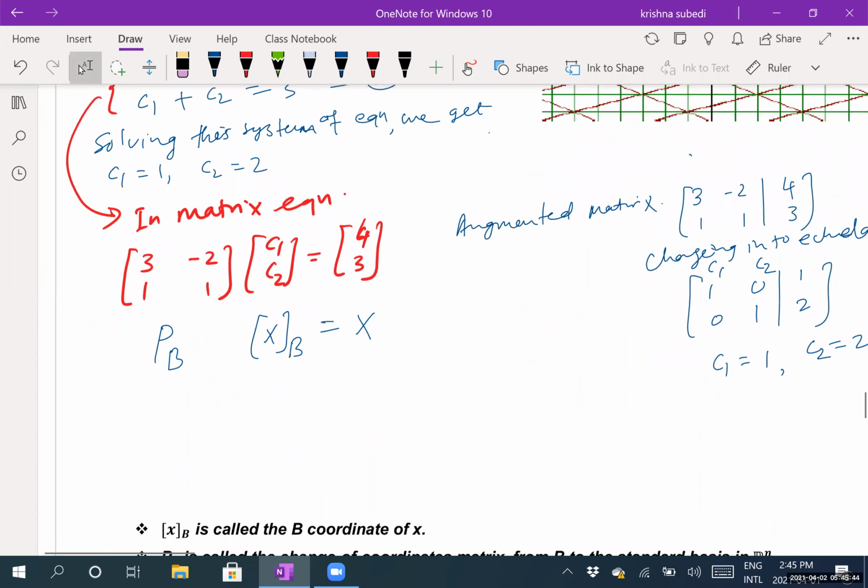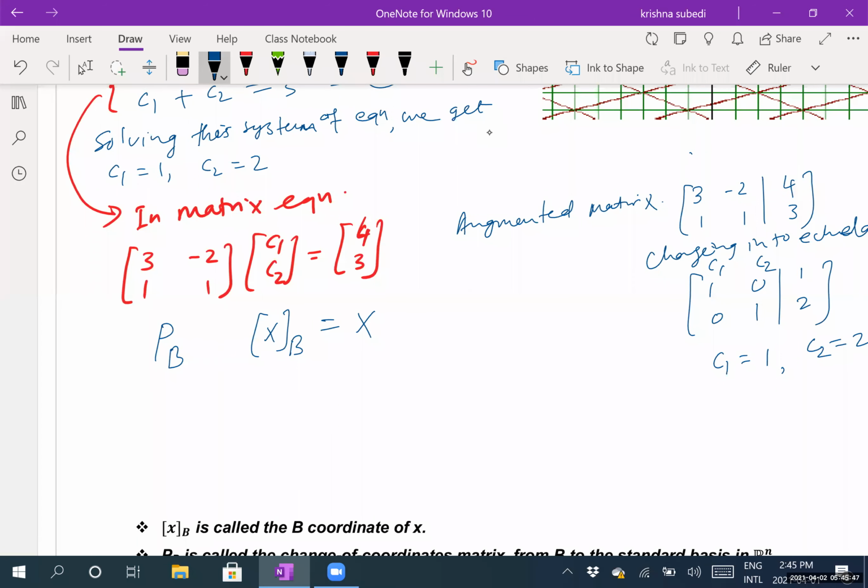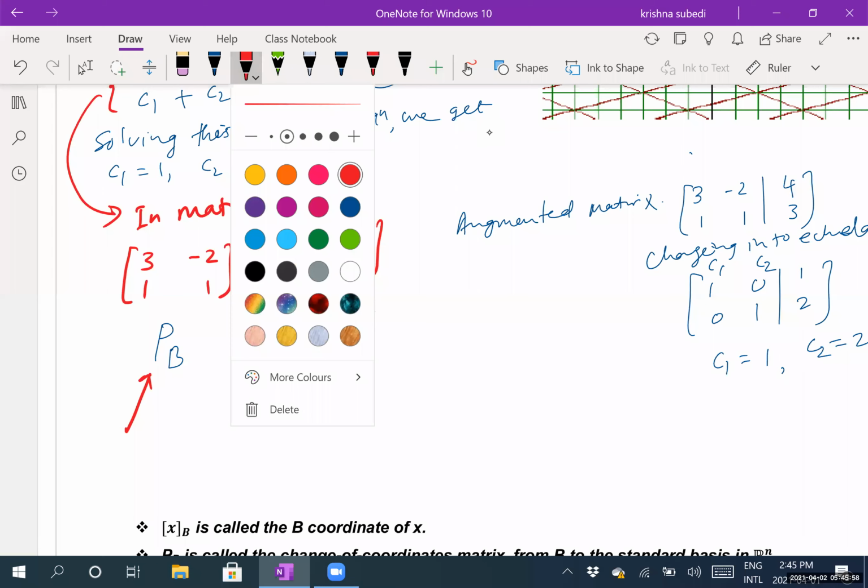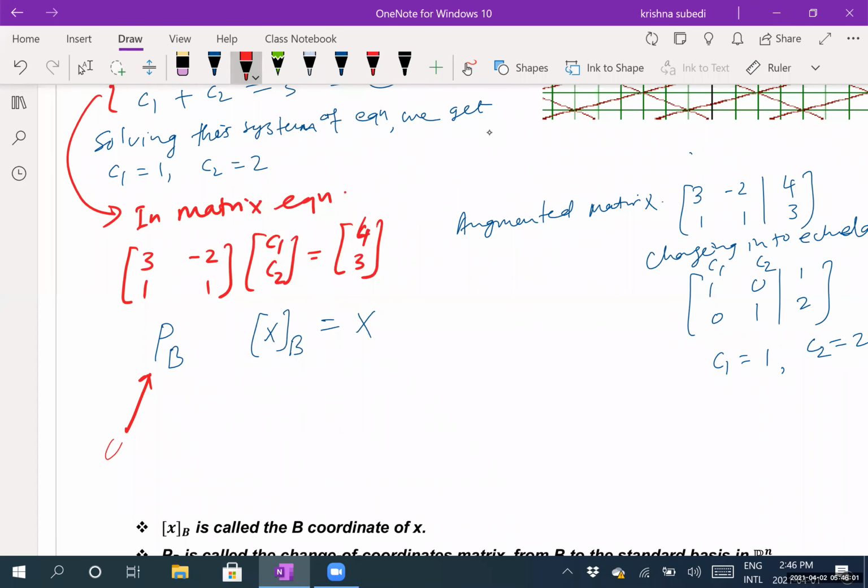This PB is called the change of coordinate matrix, and this is called the B coordinate of X, and this is simply X. Now please remember this formula.